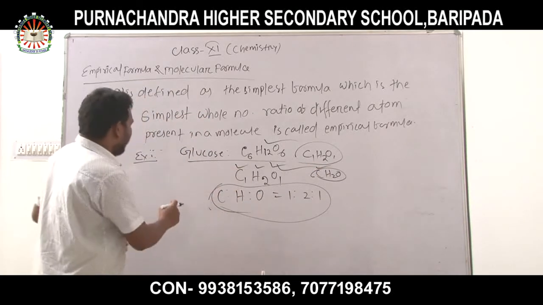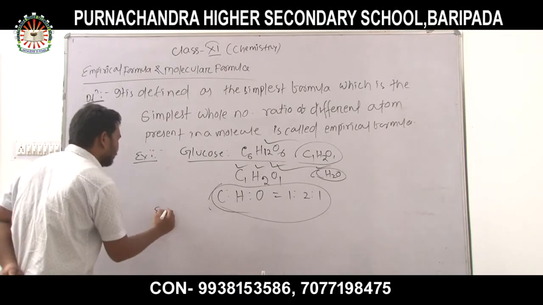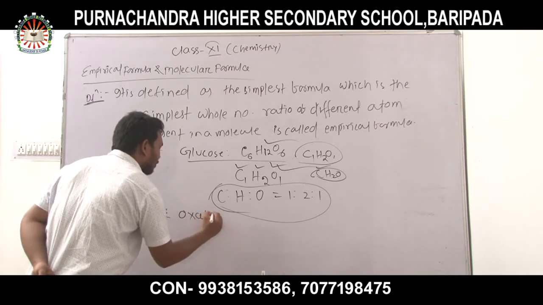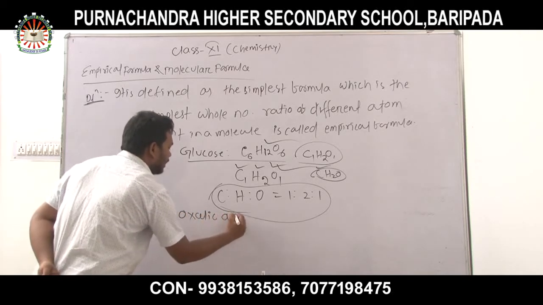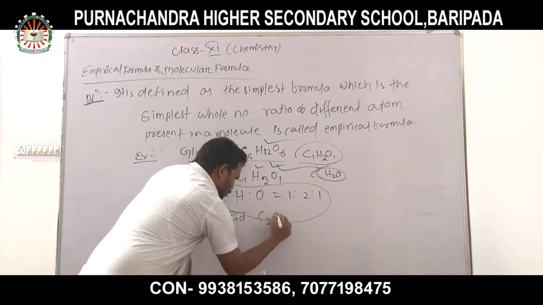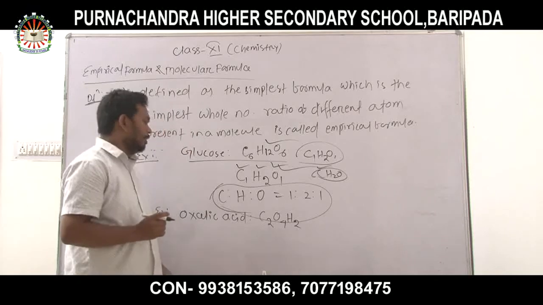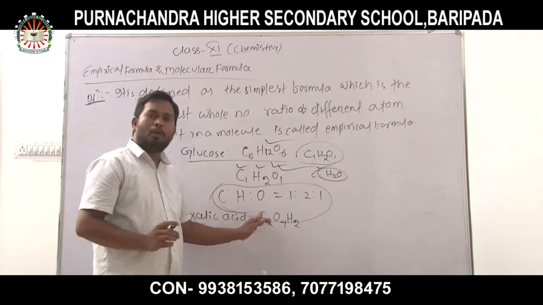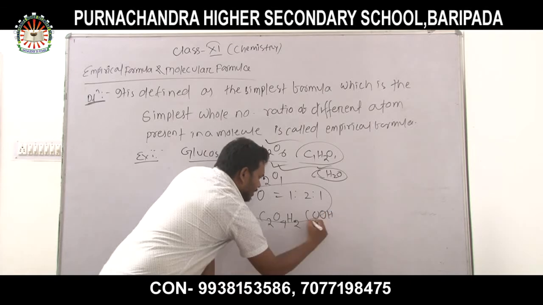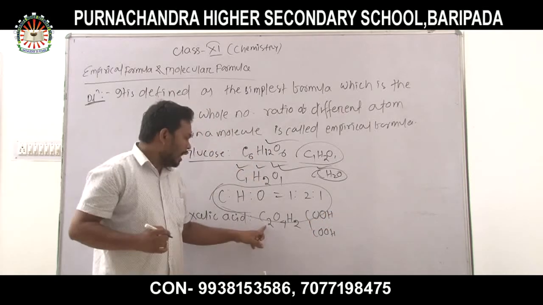Similarly, another example of empirical formula is oxalic acid. Its formula is C2O4H2, because the structure of oxalic acid has two COOH groups.